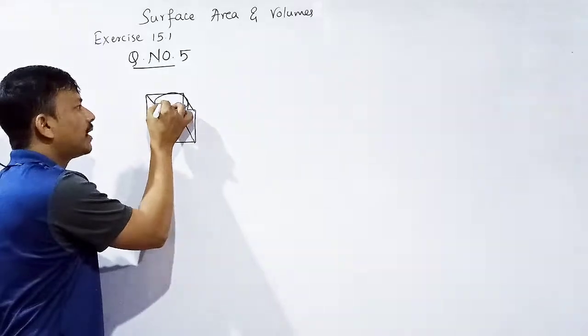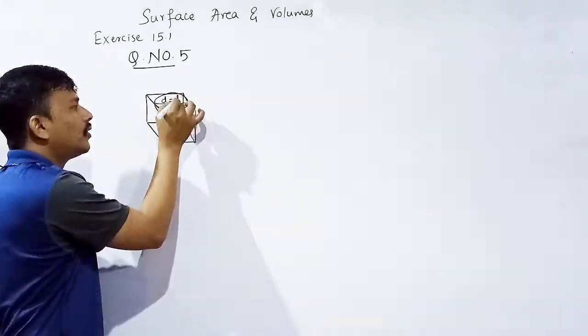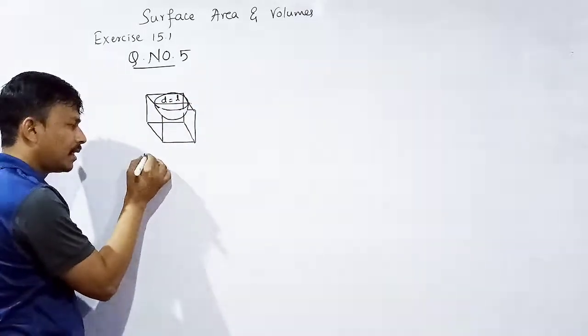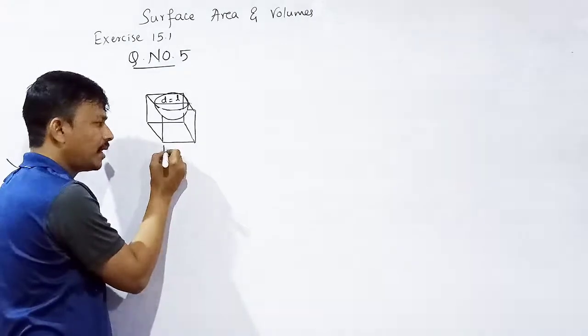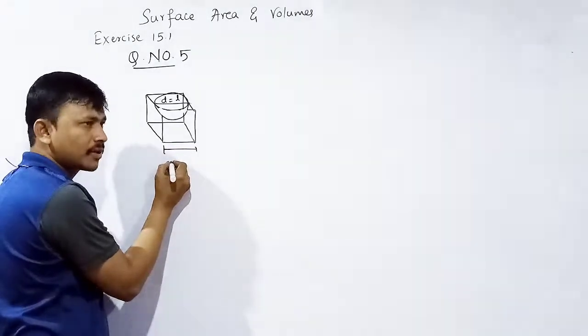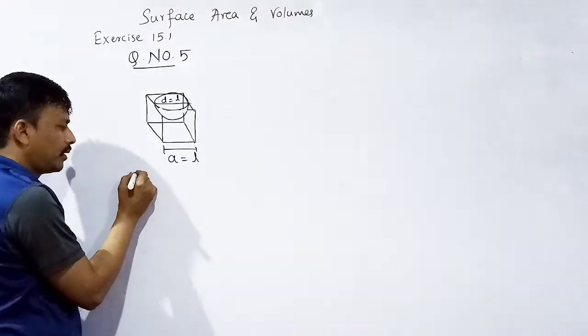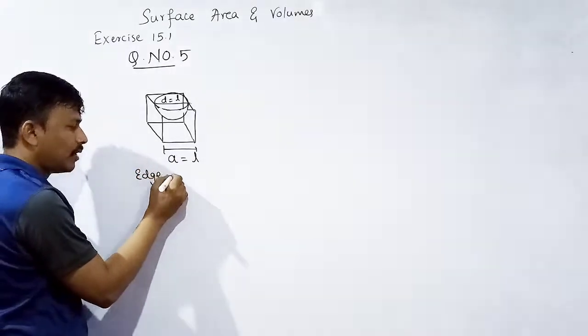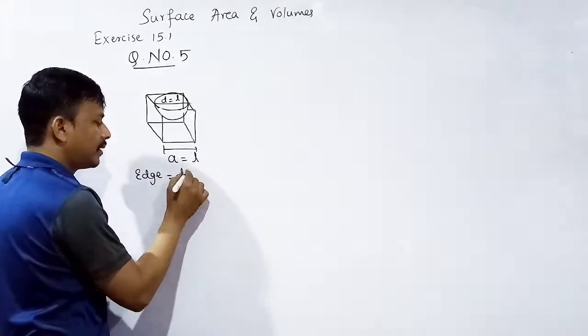what is the diameter of the hemisphere here? L. Diameter D is equal to L. Diameter is equal to the edge. Yes or no? Diameter is equal to the edge of the cube. That means A is equal to L. Edge is equal to D, or just diameter.